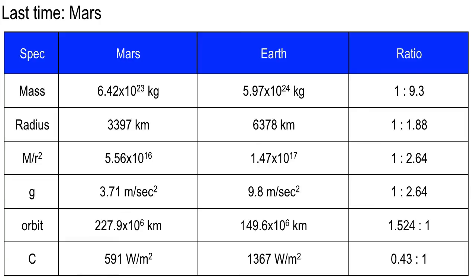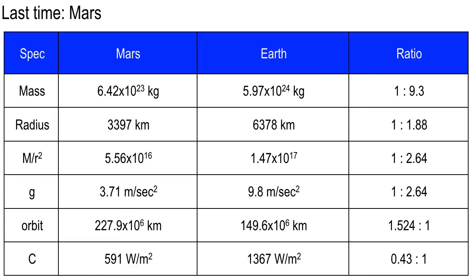I told you last time about how a square meter solar panel facing the sun from Earth would catch about 1,367 watts for every square meter.